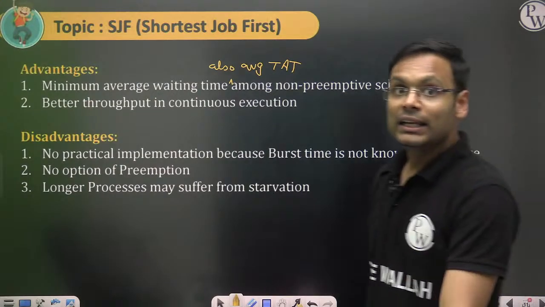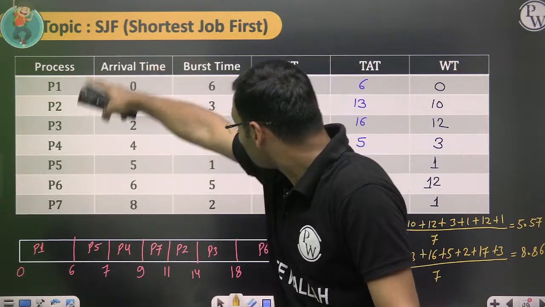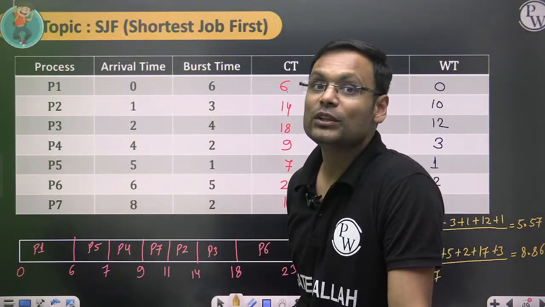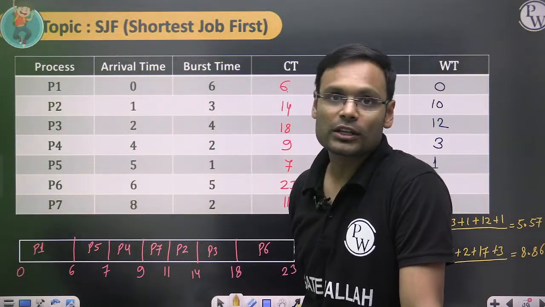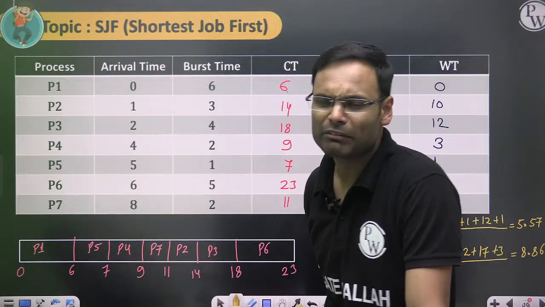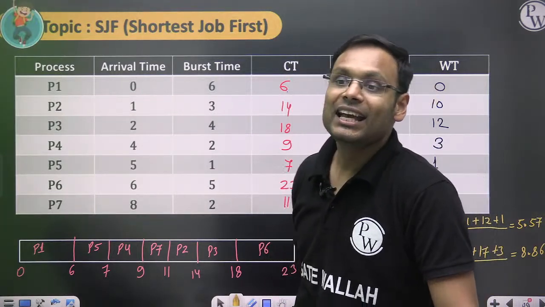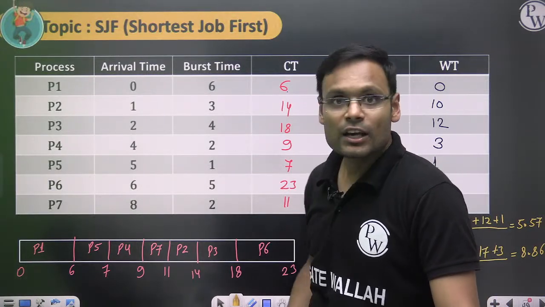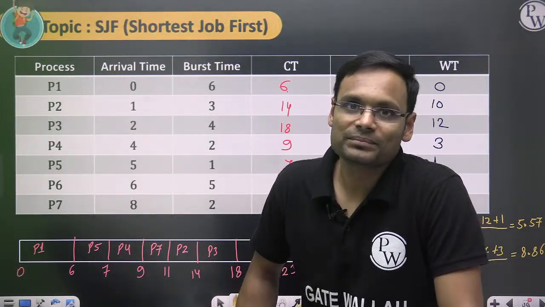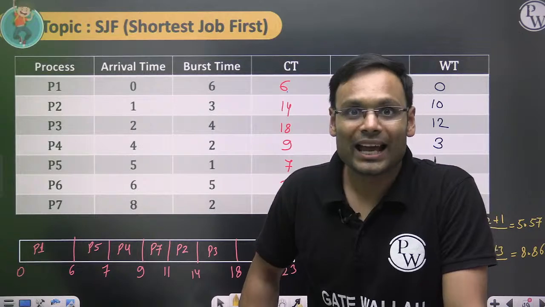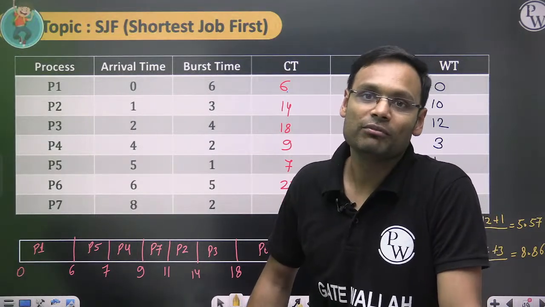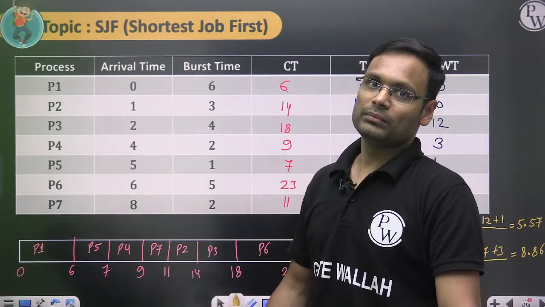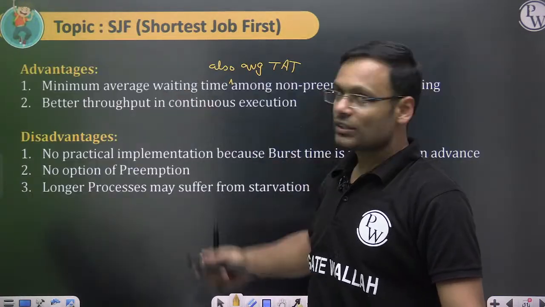So if a question is given where no algorithm is specified, not FCFS, not SJF, no algorithm at all, and they are asking what is the minimum average waiting time for running these processes for a non-preemptive algorithm, you will have to use this SJF algorithm even if they have not given you the algorithm name. Why? Because of this point.